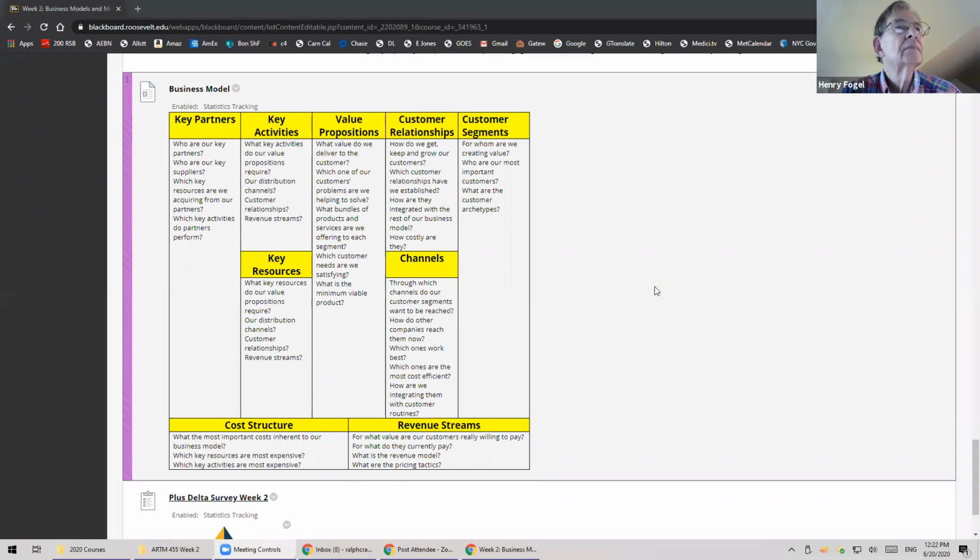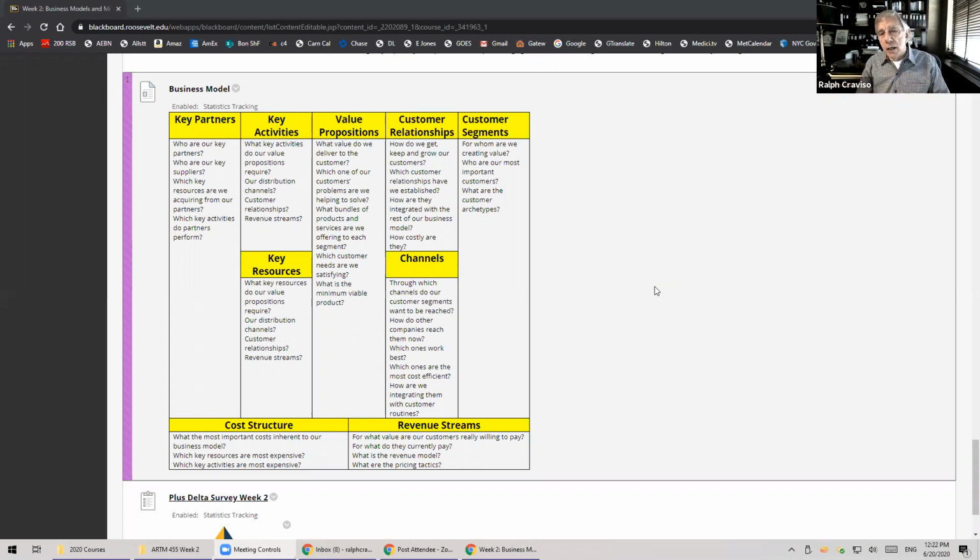And business models are the essence of how an organization functions. So, Henry, with your permission, I'm going to do a screen share. Okay. And what we have here is a business model schematic, and I'm going to walk you through it. And then we're going to talk about how performing arts organizations apply this.